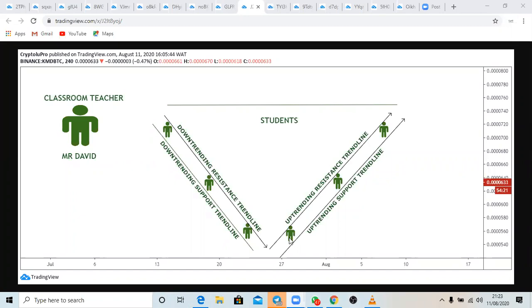Let's say when the fourth student broke out, it came back to meet his friend to say, see you later. What the fourth student came back to do is what is called a retest. That is, it came to retest the trend line. That is what is called a retest.